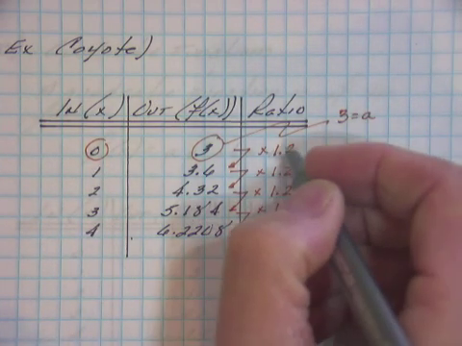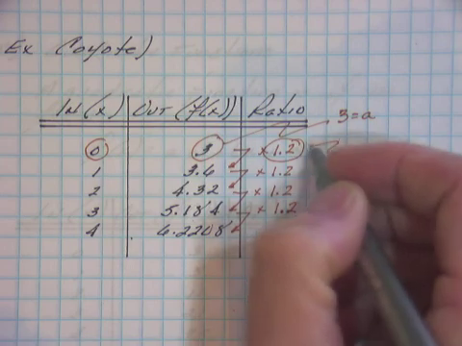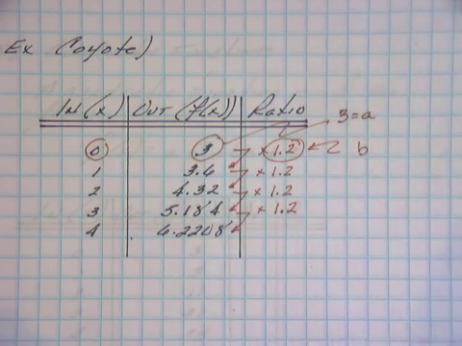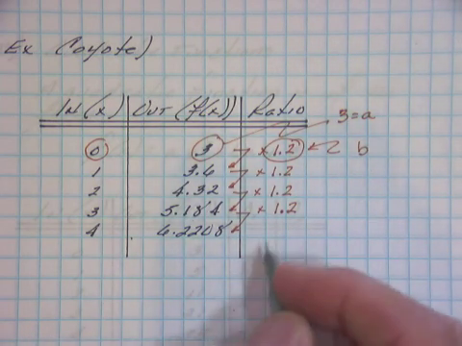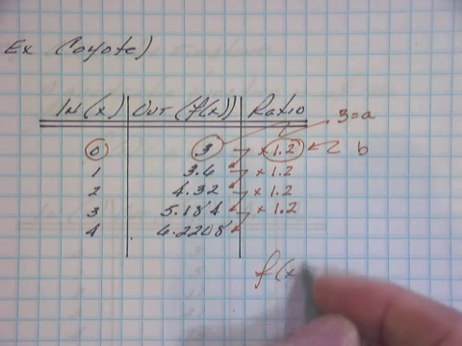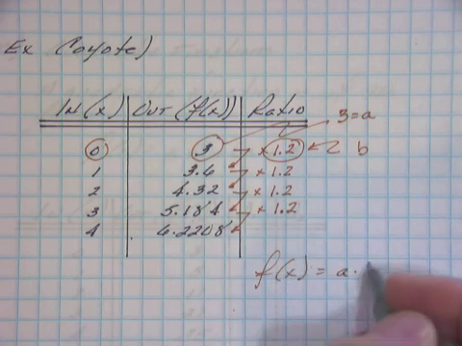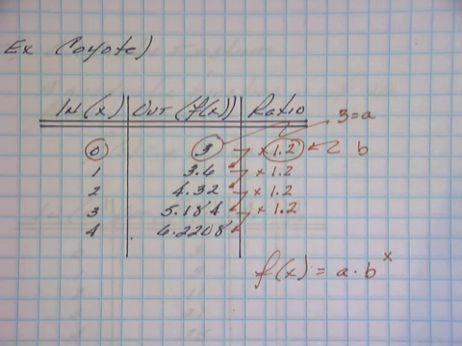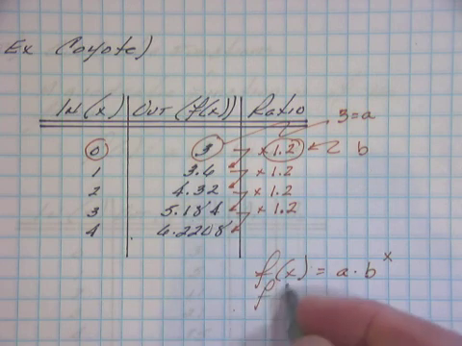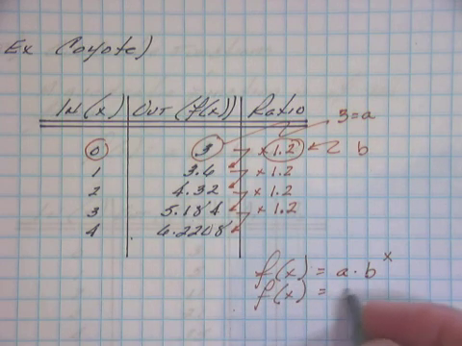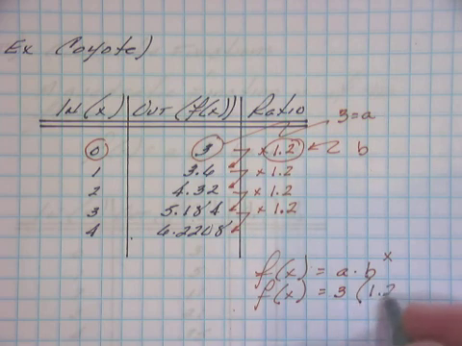So there's x equals 0. So 3, that is 3 equals my a value, okay? This, that's my b value. So I can write the function f of x equals a times b to the x.